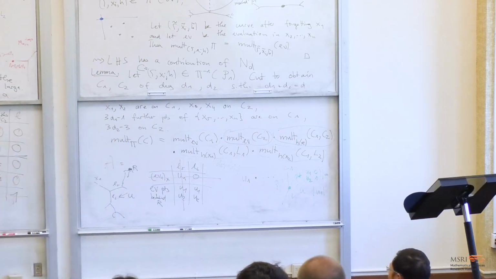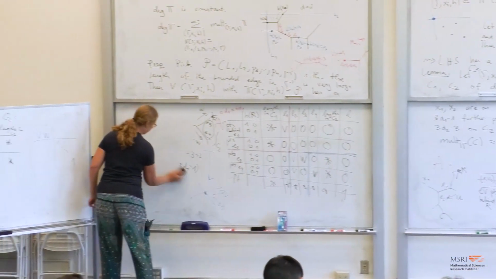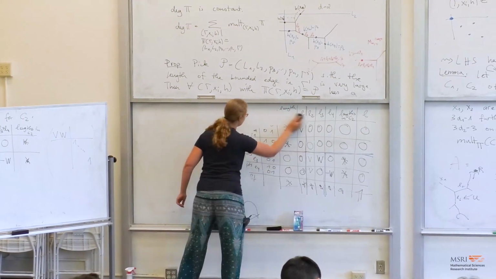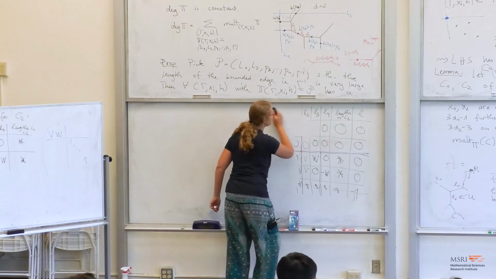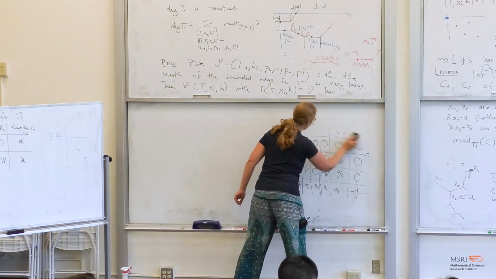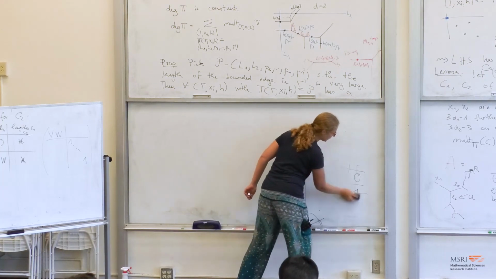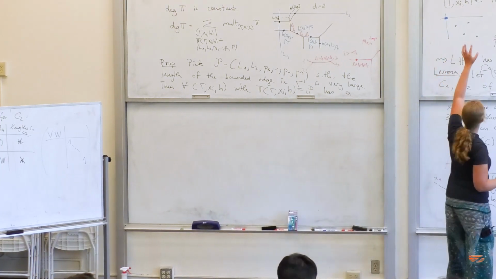I think I can get rid of the big matrix now. So we need one more observation. What have we done so far? We discussed curves in the pre-image of my special point configuration P1.